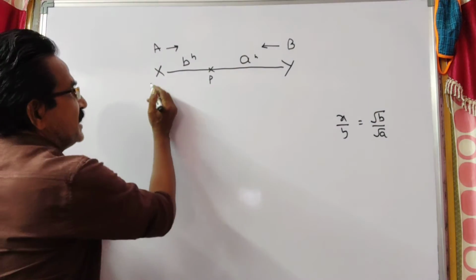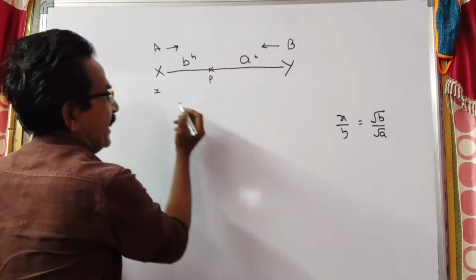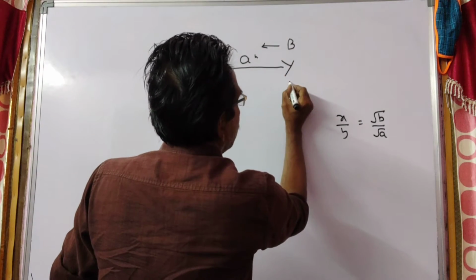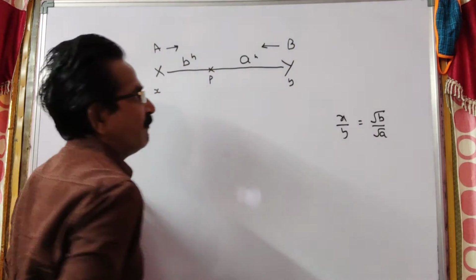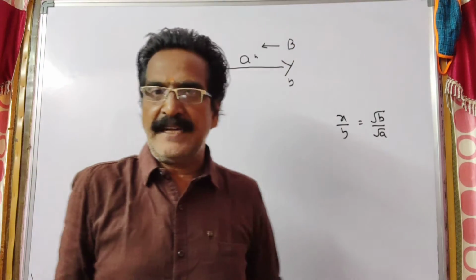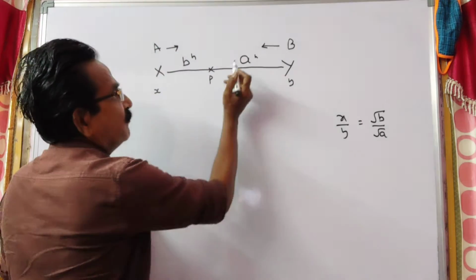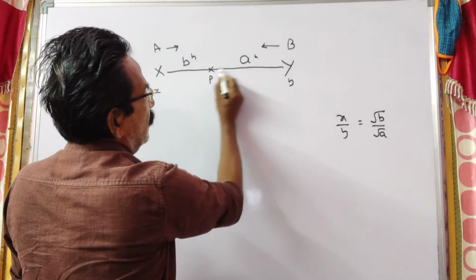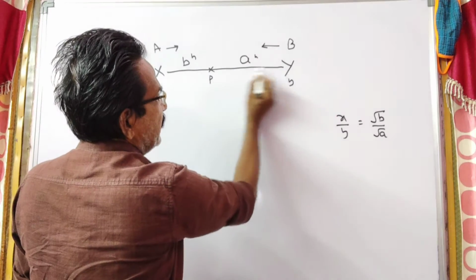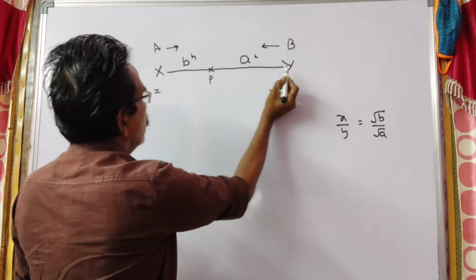See friends, let us say the speed of train A is x, and the speed of train B is small y. Now we are going to find x is to y. Friends, what is the distance between P and Y? Distance is equal to velocity into time.